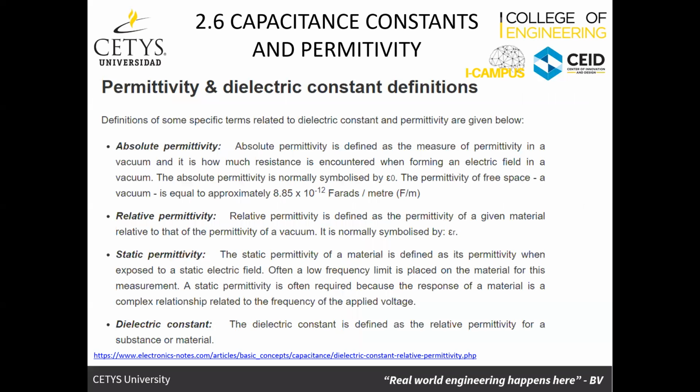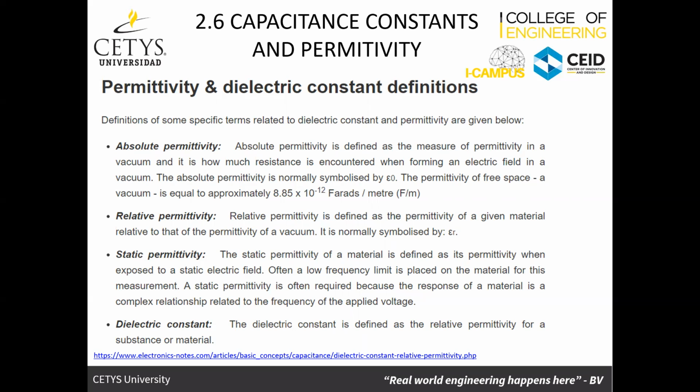And so if we're talking about permittivity and dielectric constants, there are many ways to reference permittivity. The first is what's called absolute permittivity. Absolute permittivity is a measure of permittivity of the material itself. So we've already been working with the permittivity constant of vacuum or air.